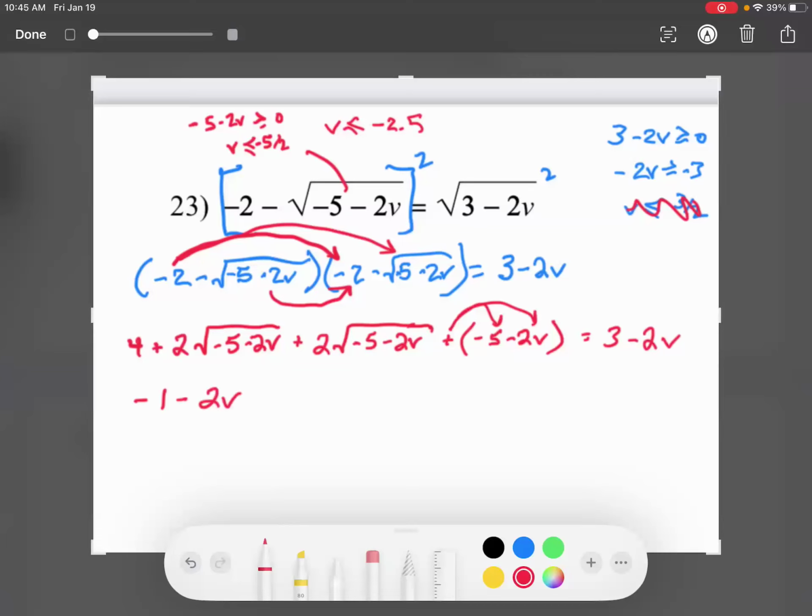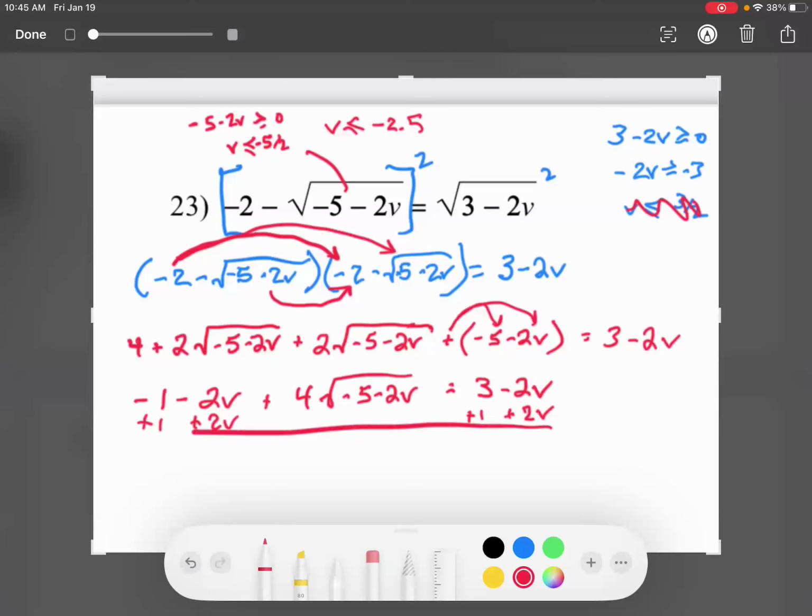Minus 2v plus 4 of these square roots equals 3 minus 2v. I'm going to add the 1 and add the 2v to both sides. And I end up with something kind of nice happening. You're welcome. Equals 4. I'm going to divide by 4 on both sides and get 1.